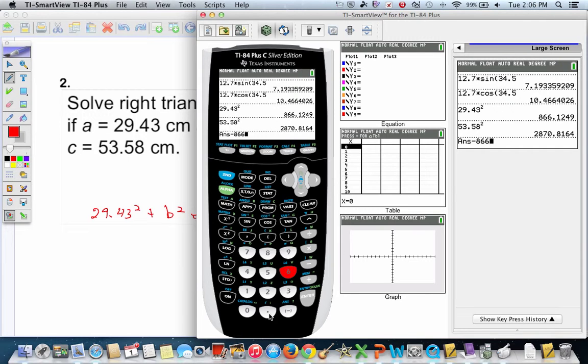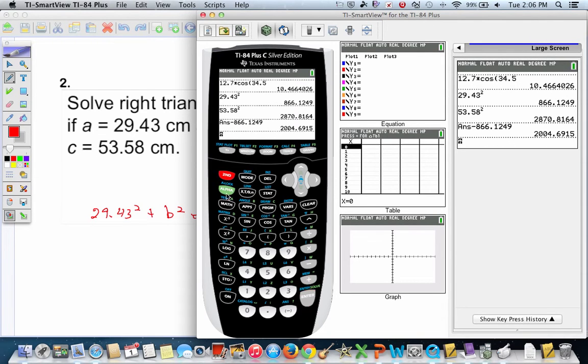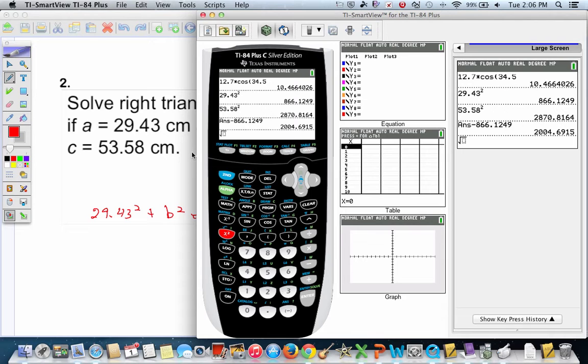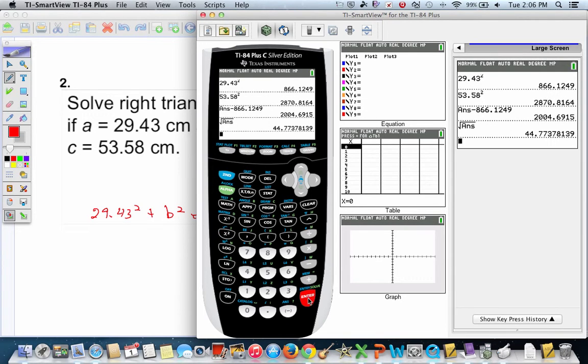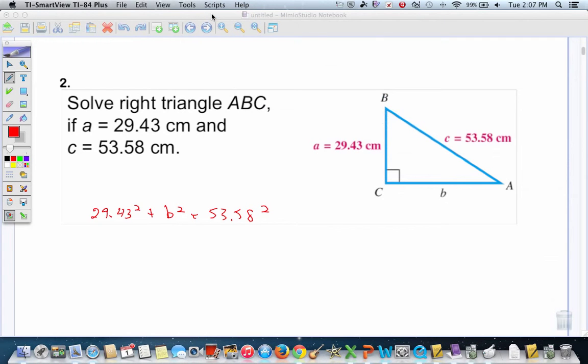So I'm going to subtract the 866.1249 from that, and then take the square root of that, and that would give us the measure of side B to be 44.77. Okay, so there's our Pythagorean theorem. Probably worked in a couple more steps than we needed to, but I hope you get the general idea. Side B, I'll put that up here, was 44.77.